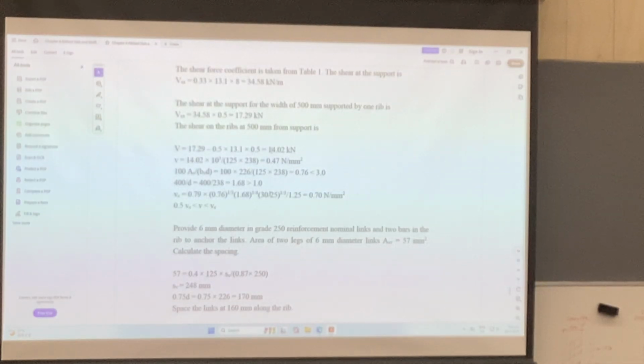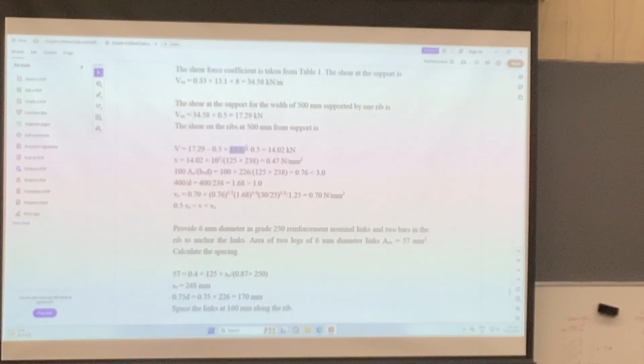And then at 500 mm away, we can calculate minus 0.5 times 13.1 and then times 0.5. So actually it is equal to 14.02 at this location. Because it is 500 mm away from the support, we use this 0.5.